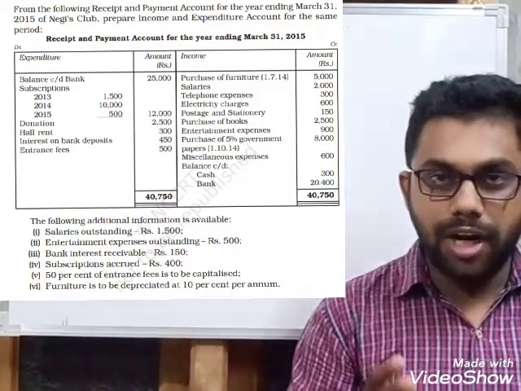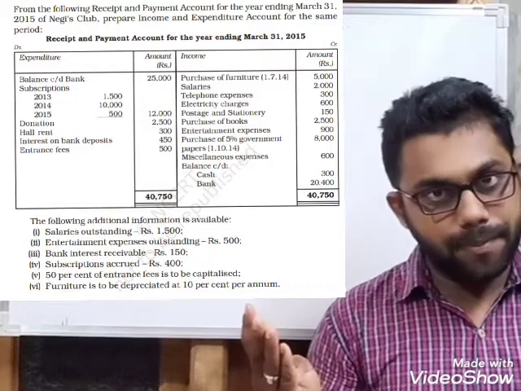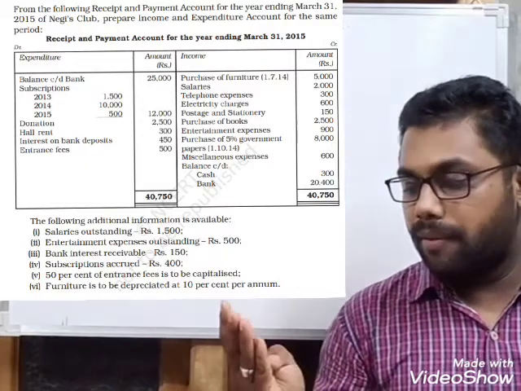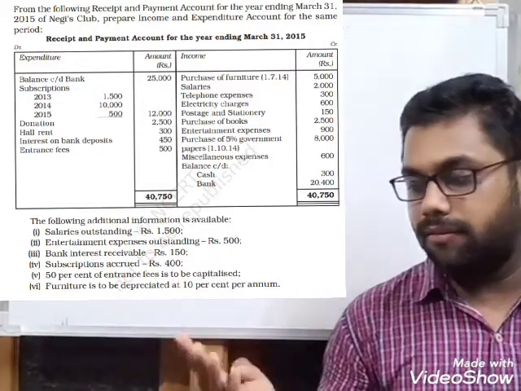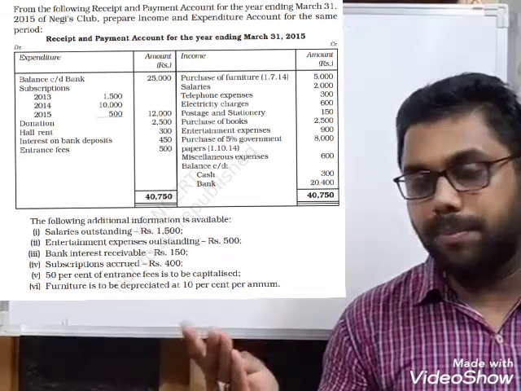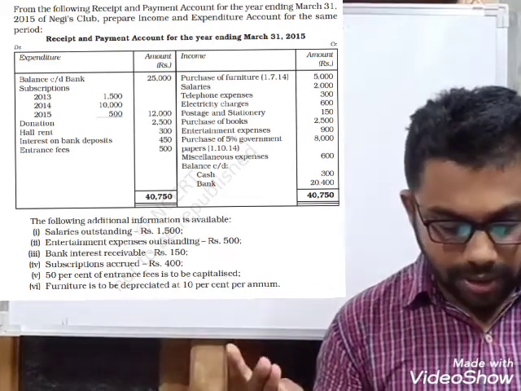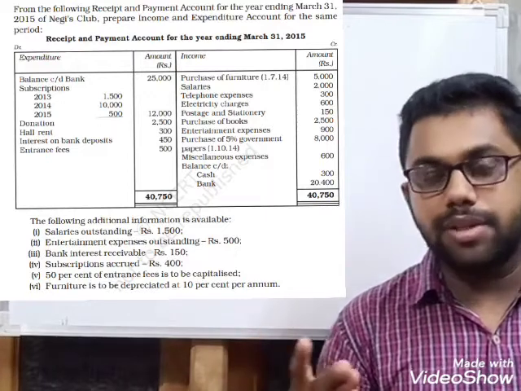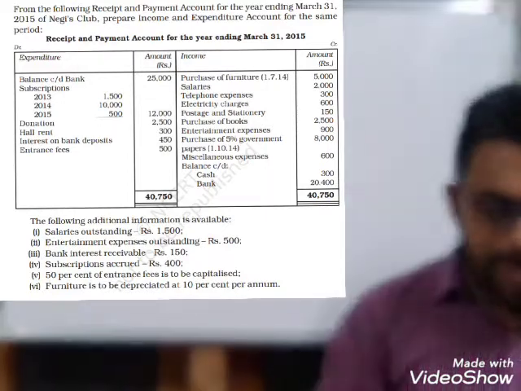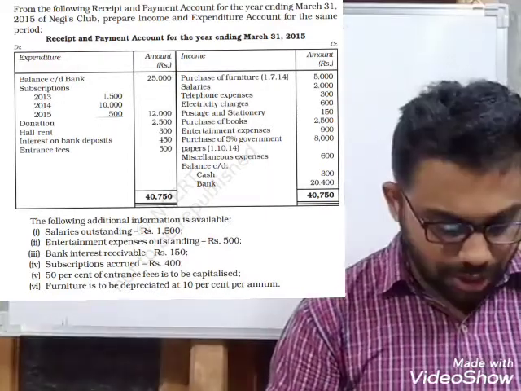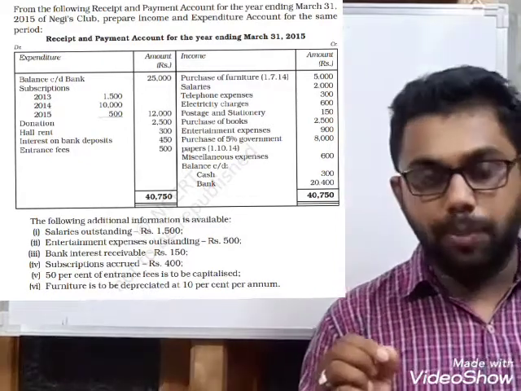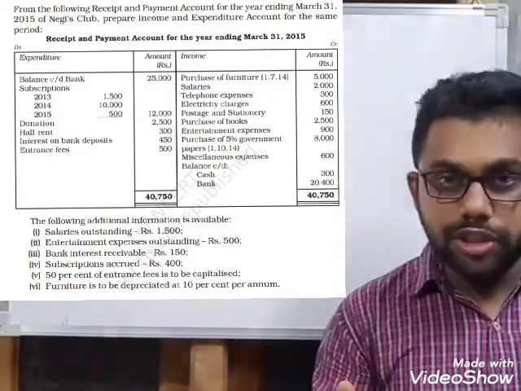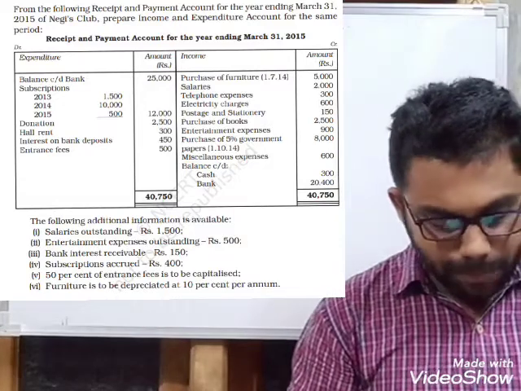So we have to calculate for October, November, December, January, February, March, that means for 6 months we have to calculate the interest. Last one is miscellaneous expenses, that means expenditure, and lastly it is closed by the closing balance of cash in hand and cash at bank.